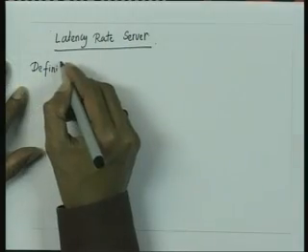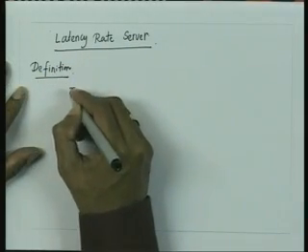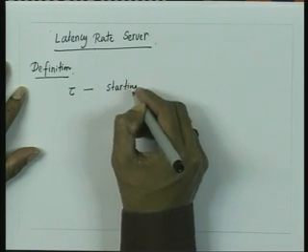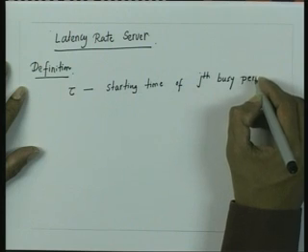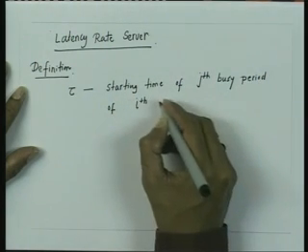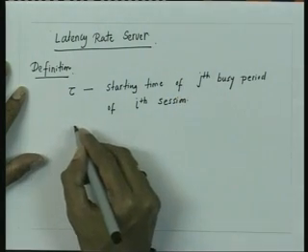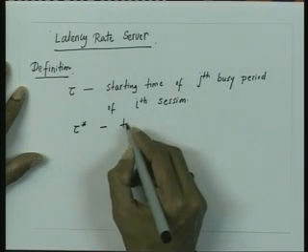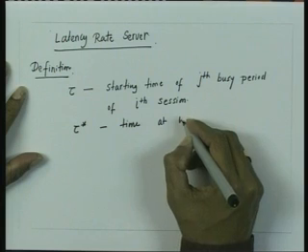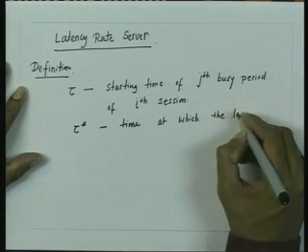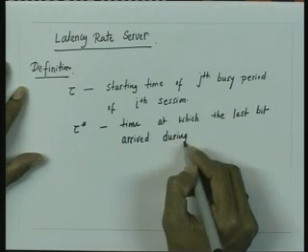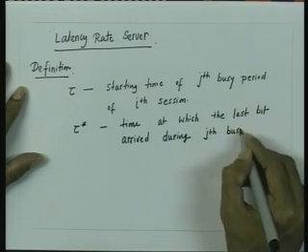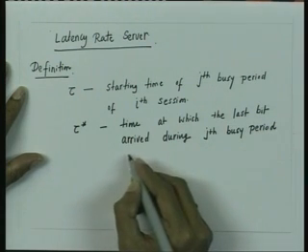Now the definition of the latency rate servers is that, so let tau be the starting time or the beginning of jth busy period of ith session, and let tau star be the time at which the last bit arrived during this jth busy period has been served.